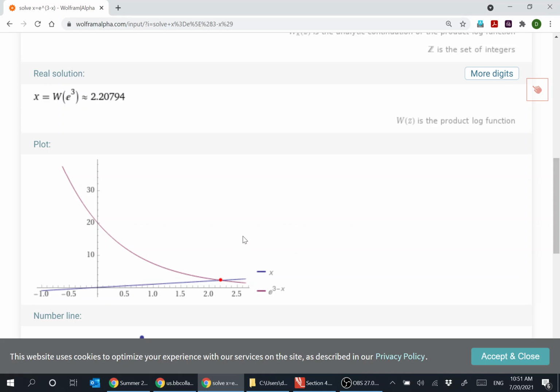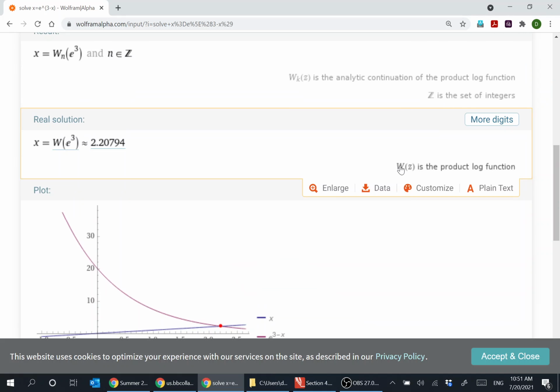And by the way, you'll notice that it says something kind of funny here. X is equal to capital W of e to the third, which is approximately this 2.20794. What's W? W is the product log function. I don't even know what that is.